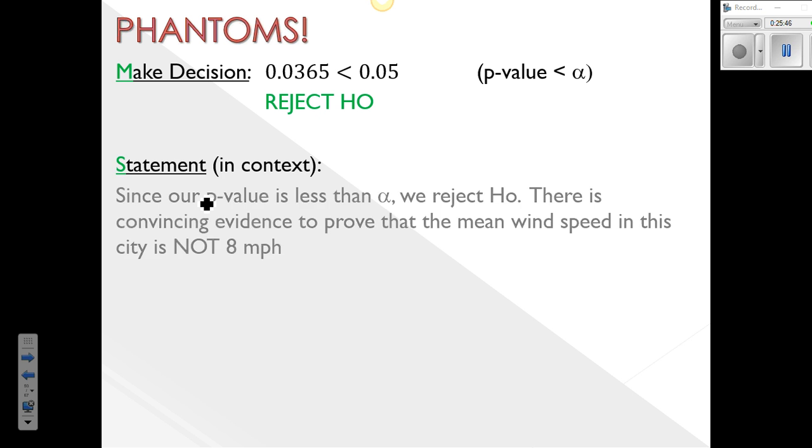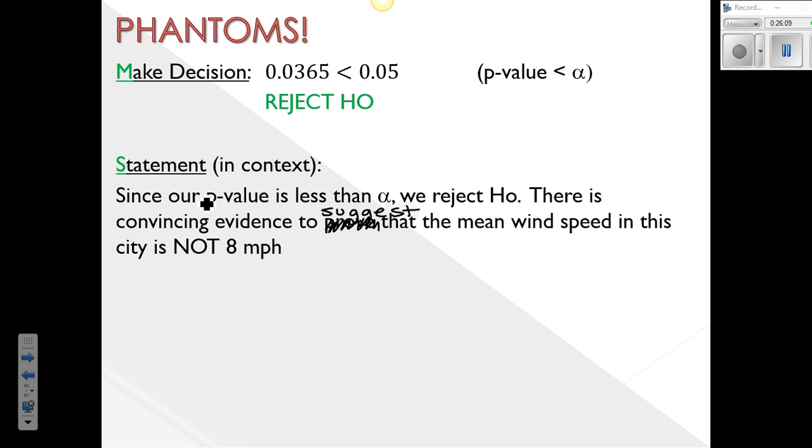So in our statement, we're going to say since our p-value is less than alpha, we reject H0. There is convincing evidence to prove, what's that word again? What do we decide to replace it with? Suggest. That the mean wind speed in this city is not 8 miles per hour, right?